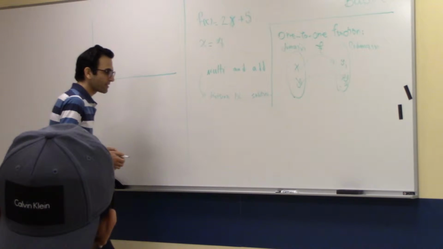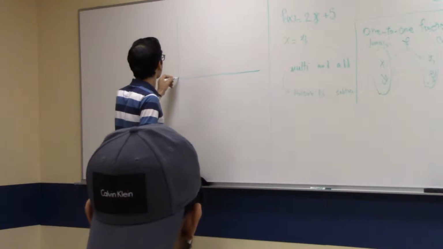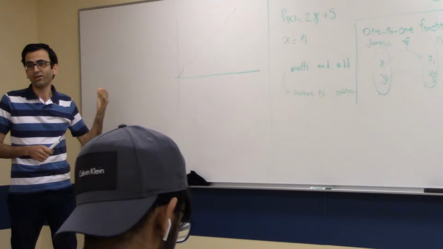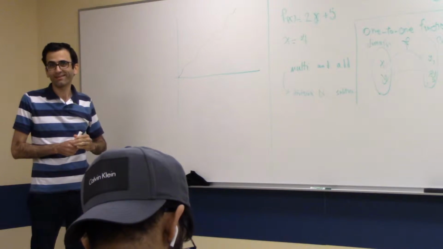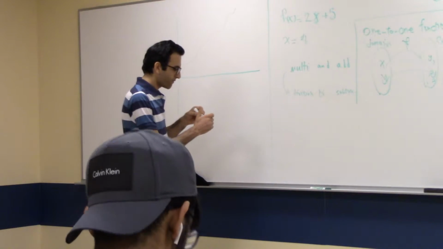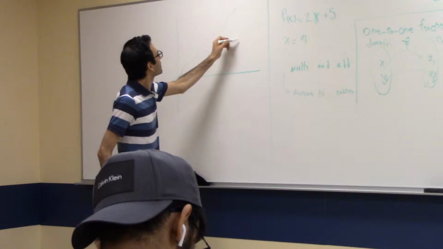So imagine we have a function like this. We want to be sure that this function is a one-to-one function, so we use the horizontal line test.